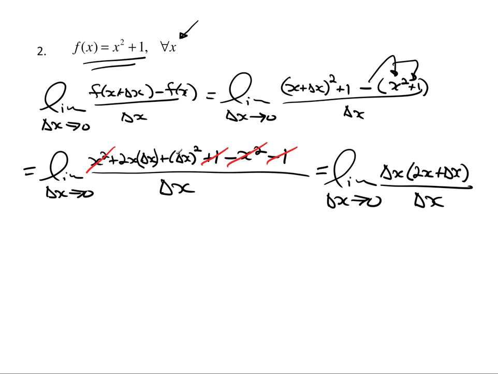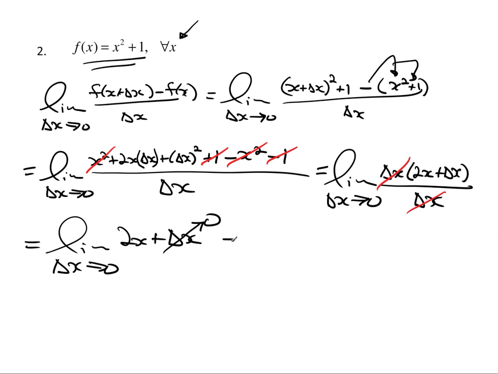See, I just took one of these and factored it out. Now that's kind of cool because those cancel out. So now I end up with the limit as delta x goes to 0 of 2x plus delta x. See, now I can let delta x go to 0. I won't end up with 0 over 0, something undefined. As delta x goes to 0, what I end up with is simply 2x.